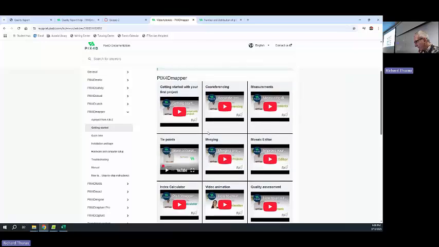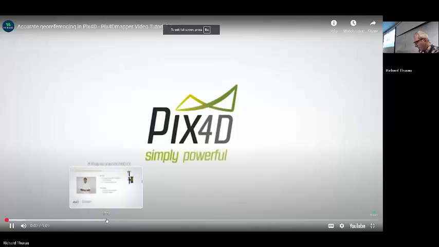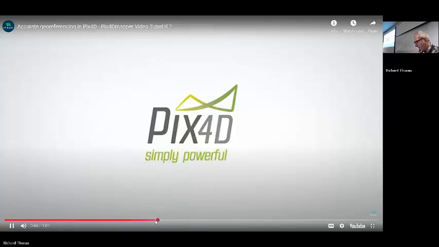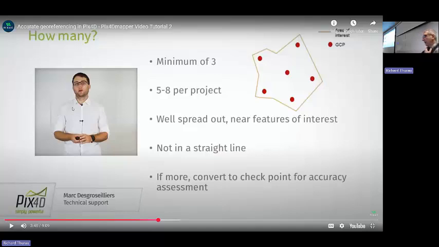That was the tie points one. Okay. This is a good spatial distribution of GCPs.